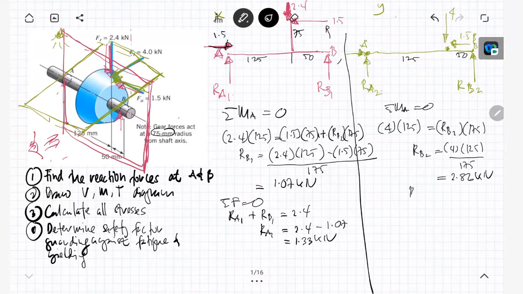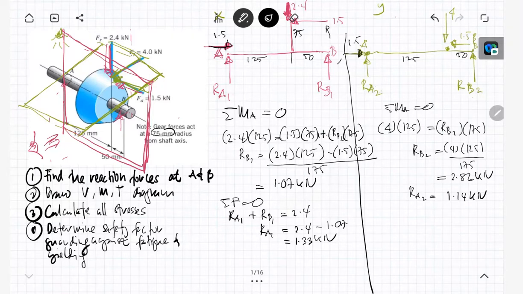Then RA2 equal to 4 minus 2.86, you akan dapat 1.14 kilonewton. And this A, this direction, is equal to 1.5 sama.